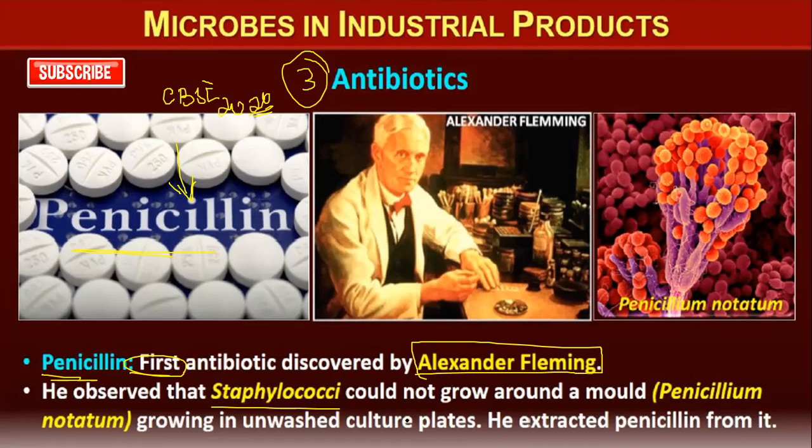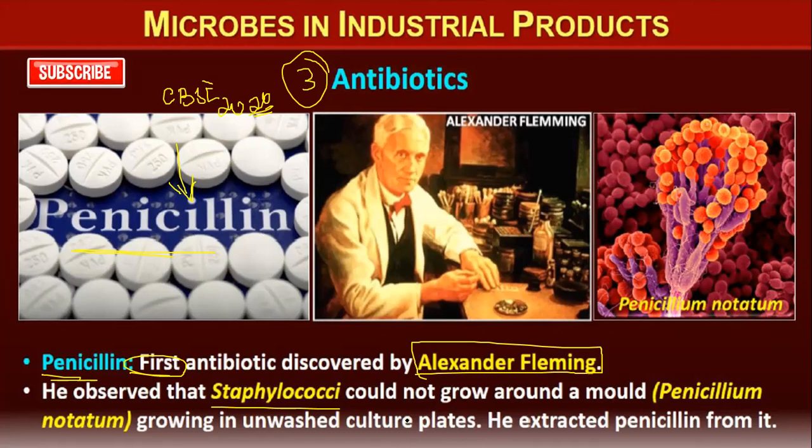You know that if a food item is kept for a long time, if bread is kept for a long time, definitely bread mold appears on it. Like that, he observed that certain kinds of fungus were growing on these unwashed culture plates. Certain kinds of bacteria couldn't grow.